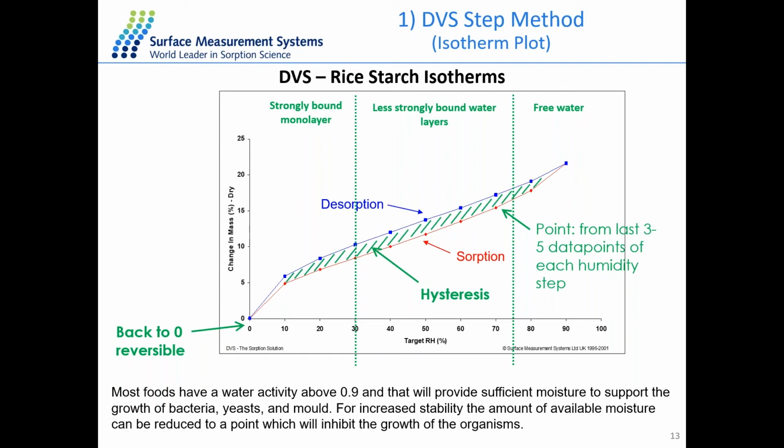And this free water is used for the growth of bacteria, yeast, and mold that will destabilize the material. So we can also use this water isotherm to optimize the shelf life or the stability of food materials at certain temperatures or under different conditions.